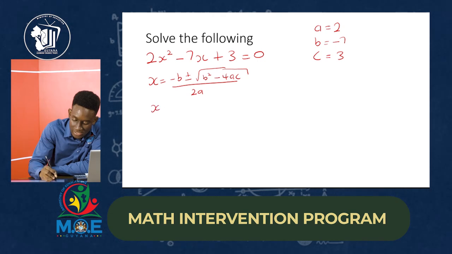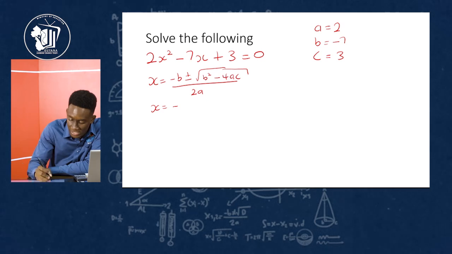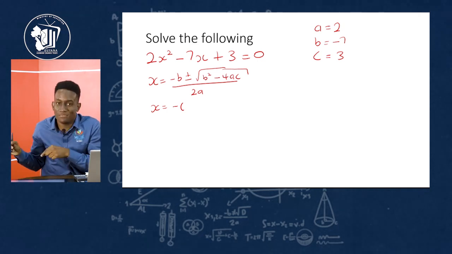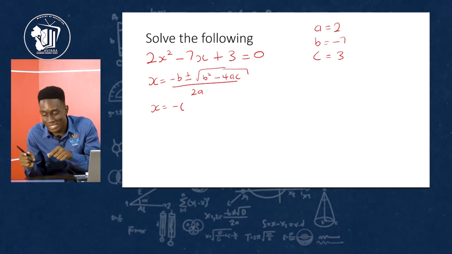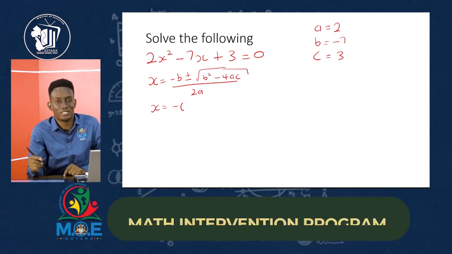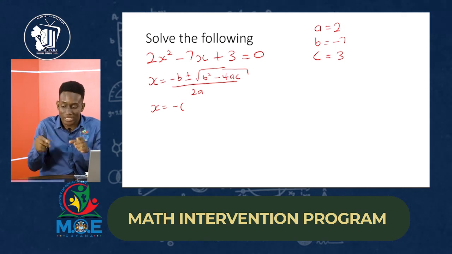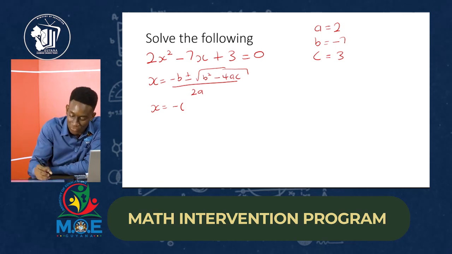So we'll have x is equal to negative, and instead of b we put in negative 7. I know many students tend to see the negative 7 and say, oh, we already have a negative, so we just put in the 7. No, it has to be negative, and we put in brackets negative 7, because that is the value of b.